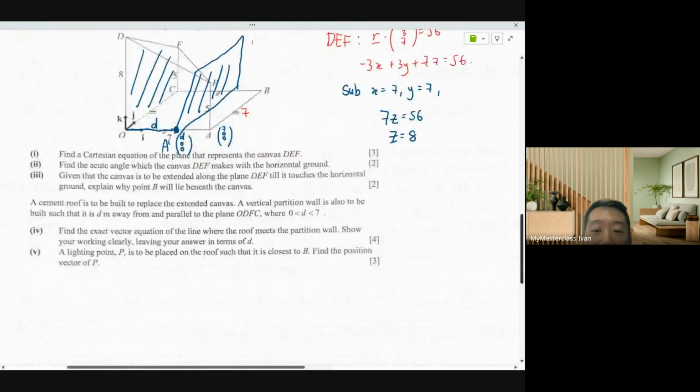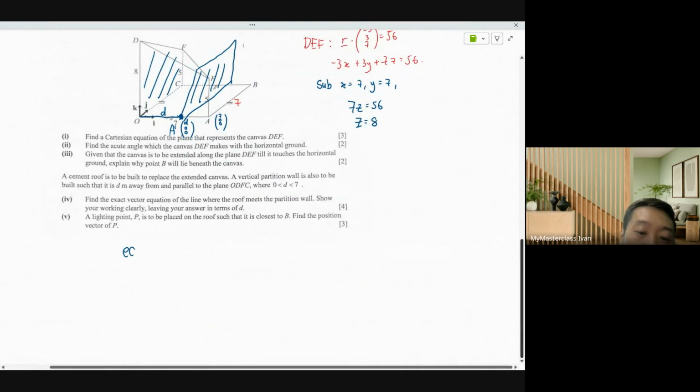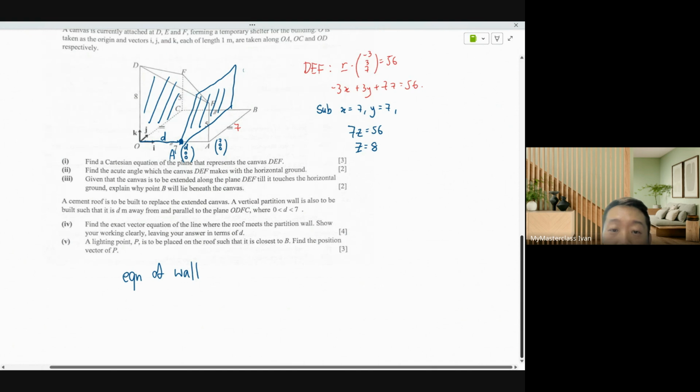So first, what is the equation of a wall? The wall is a plane or a line? A plane, right? So we need the r dot n equals a dot n form. What is the normal of this plane? This wall and this wall are exactly the same direction. So the normal is (1, 0, 0).